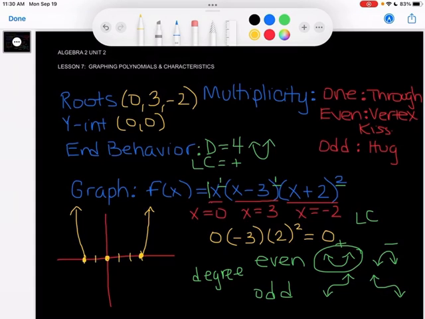But at negative 2, remember we talked about that a minute ago, it's in there 2 times, so it's an even multiplicity. So it kisses, it touches and then comes back up. And then it goes straight through 0, and straight through 3, and both arms are pointed up.